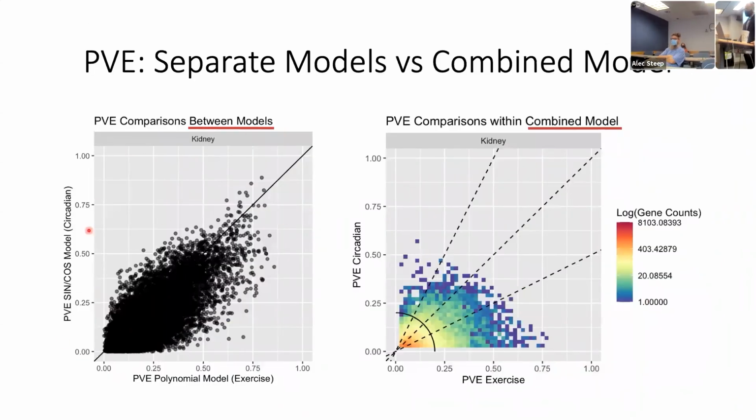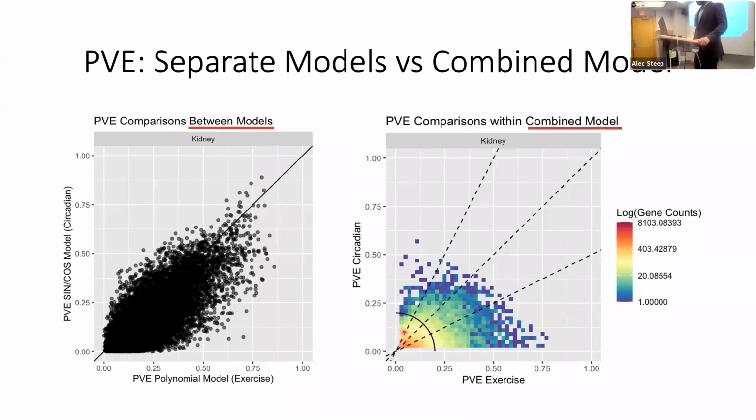This is what we had before. This was using these separate models, but really when we combine models, we create a 2D density map, where we have the log of the gene counts right here. What we can see is, first, the majority of genes aren't fitting either model well at all.